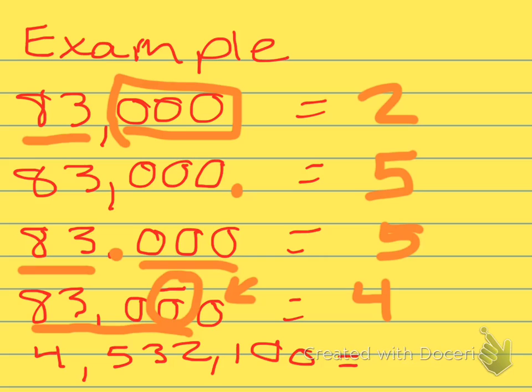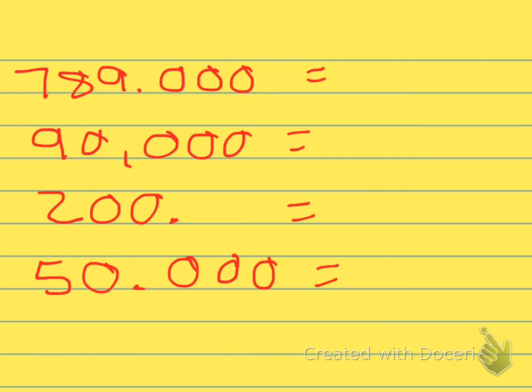And again, this last one, there's no decimal, no line above the 0. So all the numbers leading up to those zeros are significant. So there's 5 significant figures. Here is another example, and we do have that decimal right there.